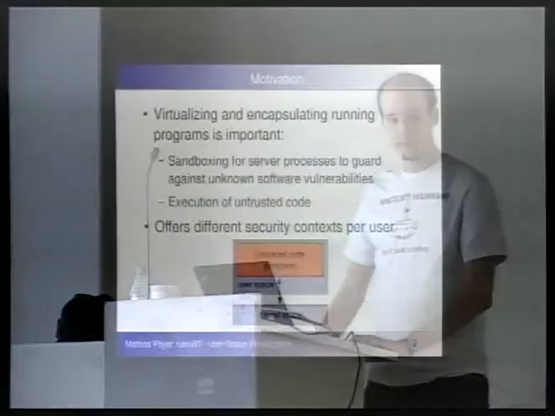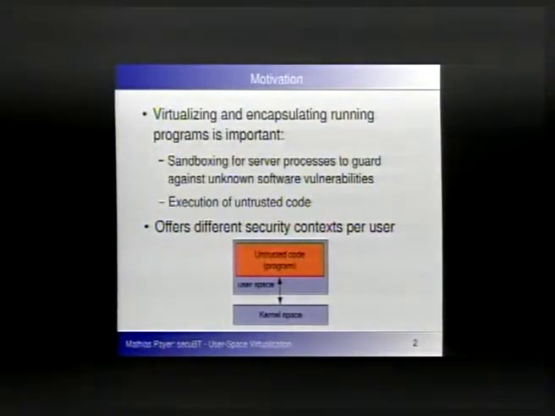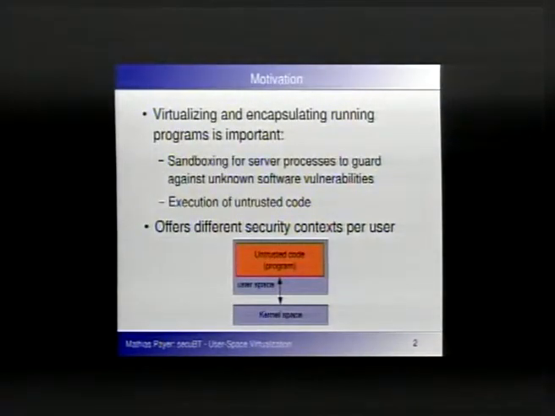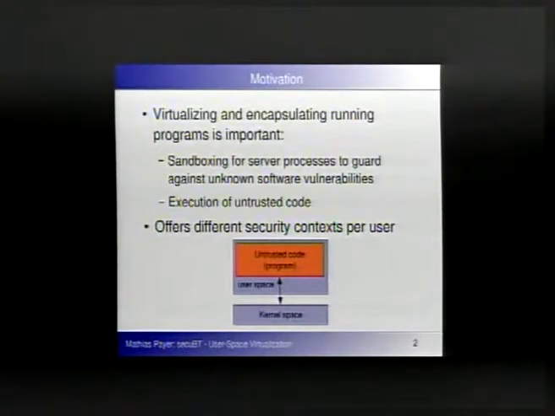But let's start. I'm going to talk about secuBT, a user space binary translator that we developed at ETH Zurich, and our motivation is to virtualize and encapsulate running programs, because we think this is kind of important to have a virtualization based on a program level in user space.